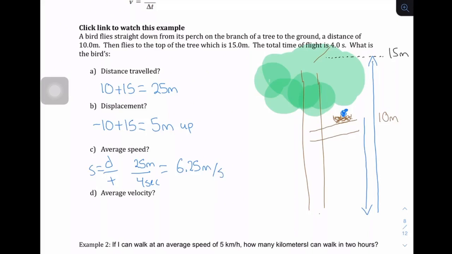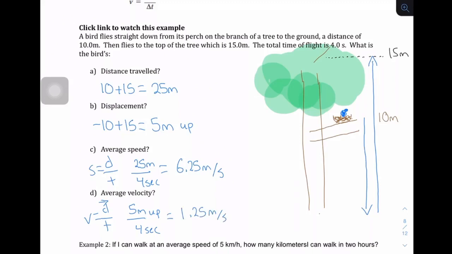Velocity is a similar formula, but instead of using distance, we use our total displacement. Our total displacement is 5 meters up. Our total time is still 4 seconds. 5 divided by 4 is 1.25 meters per second.